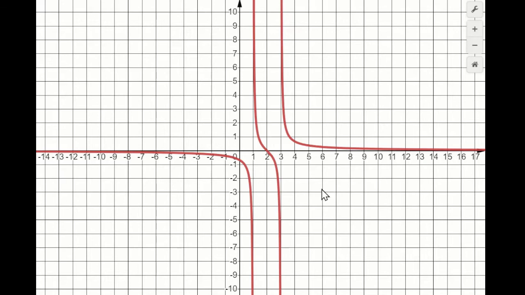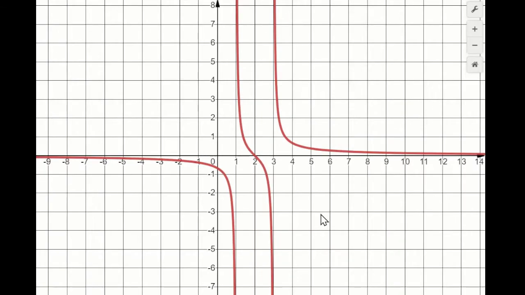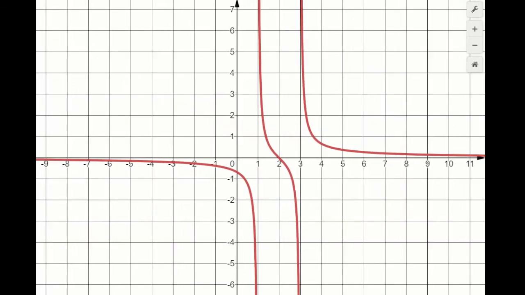Just as we have already proven, we have a vertical asymptote at x equals 1. We have another vertical asymptote at x equals 3, in increasing order from left to right. But at x equals 2, the graph is not able to show it, but if we're doing a hand sketch on our own, we should put the point there.